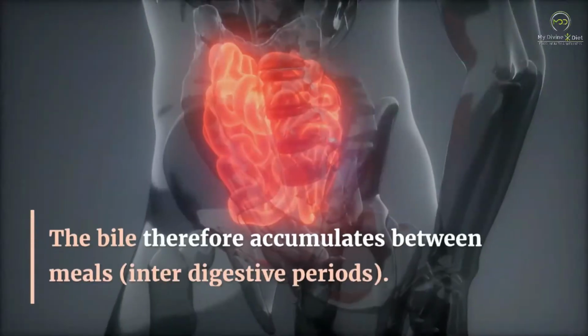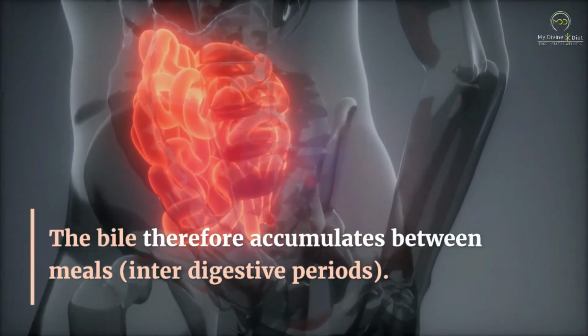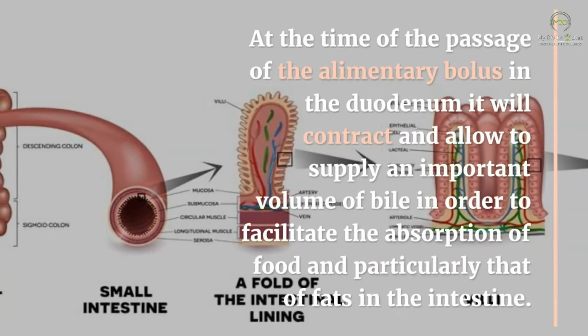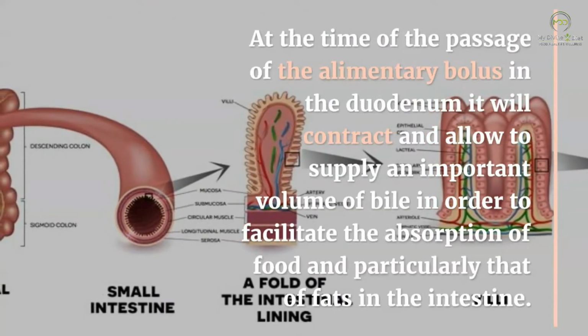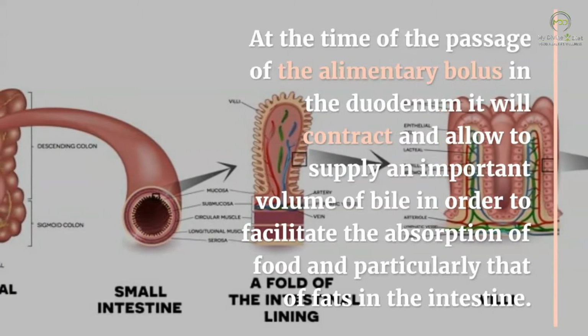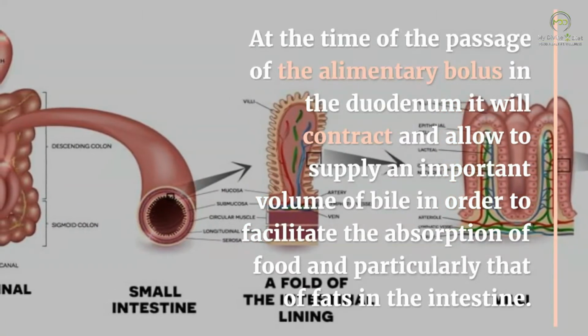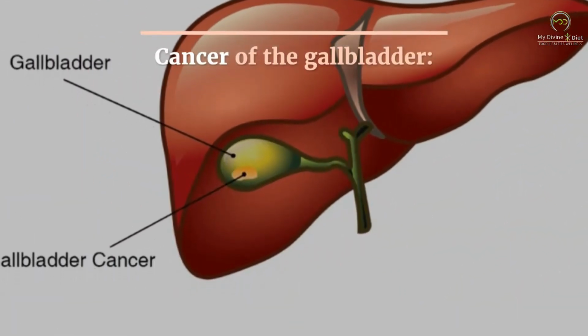The bile therefore accumulates between meals, during interdigestive periods. At the time of the passage of the alimentary bolus in the duodenum, it will contract and supply an important volume of bile in order to facilitate the absorption of food, and particularly that of fats, in the intestine.